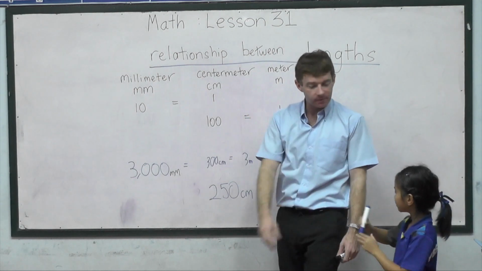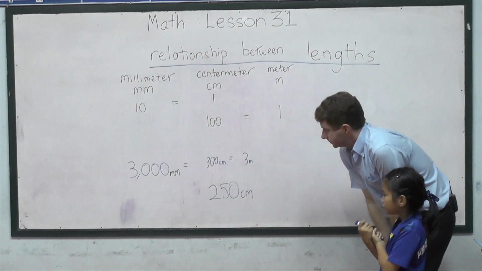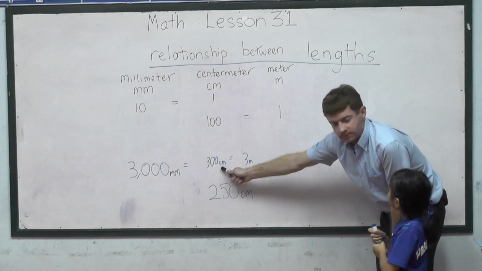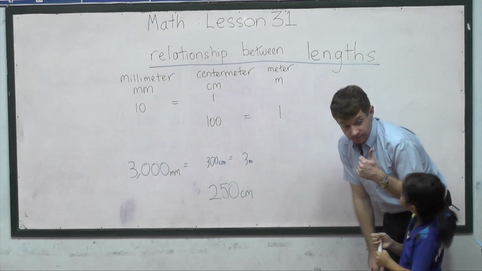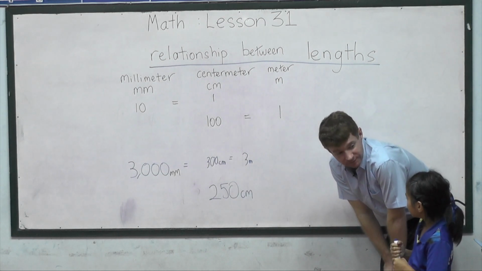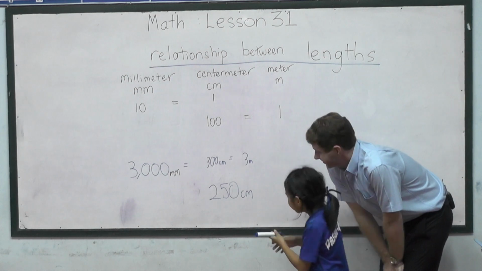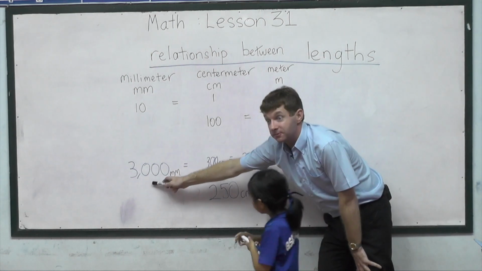250 centimeters. First of all, how many millimeters? If 300 centimeters, how many? You can write for me. See, 300 centimeters is 3,000 millimeters.